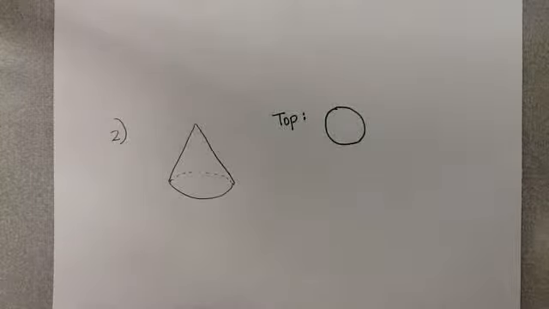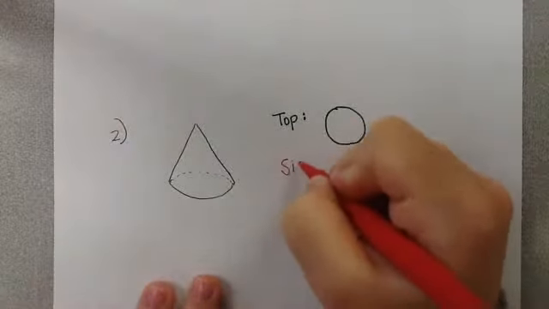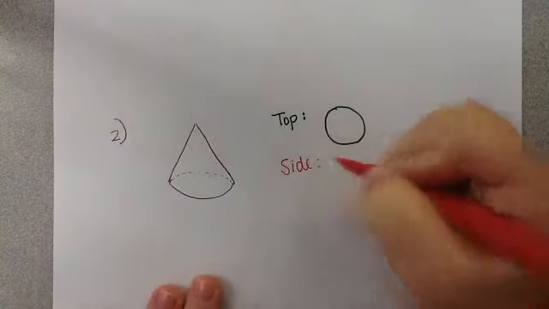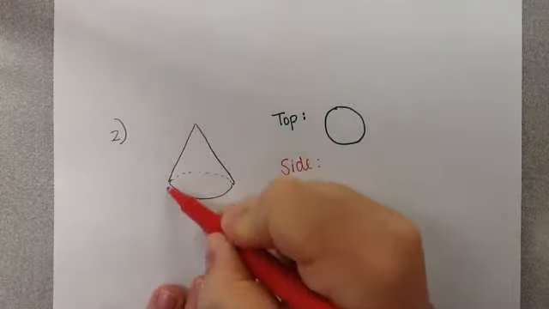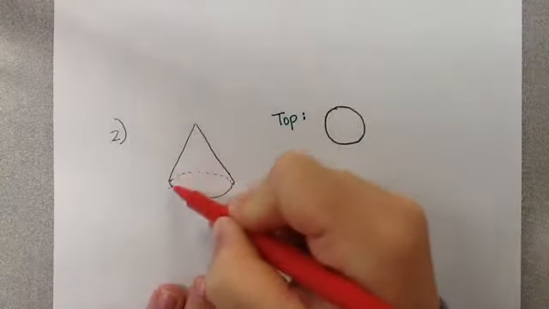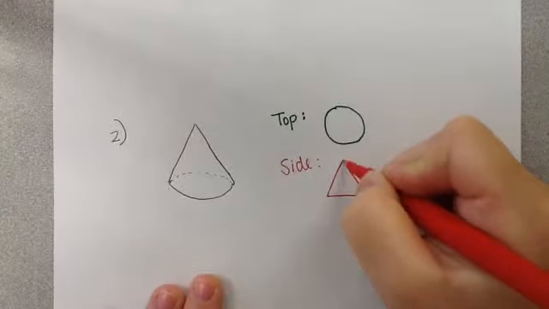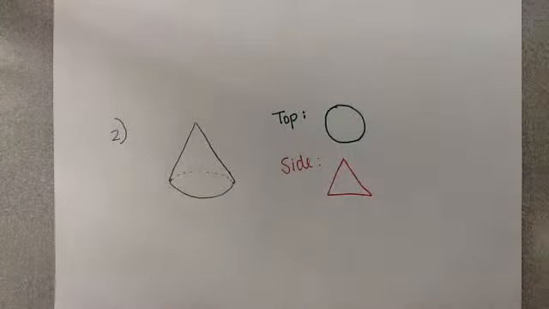Now if I were to hold this cone sideways and look at it, I'm going to see this shape right here. And what is this shape? A triangle. Which is really weird to think of when I'm looking at a cone. But if I were to look at that right on sideways, I'm going to see a triangle.